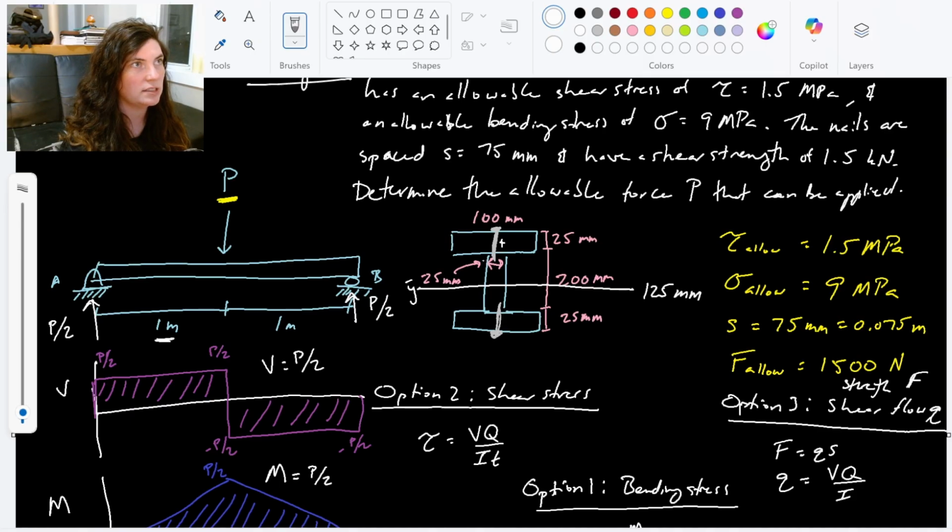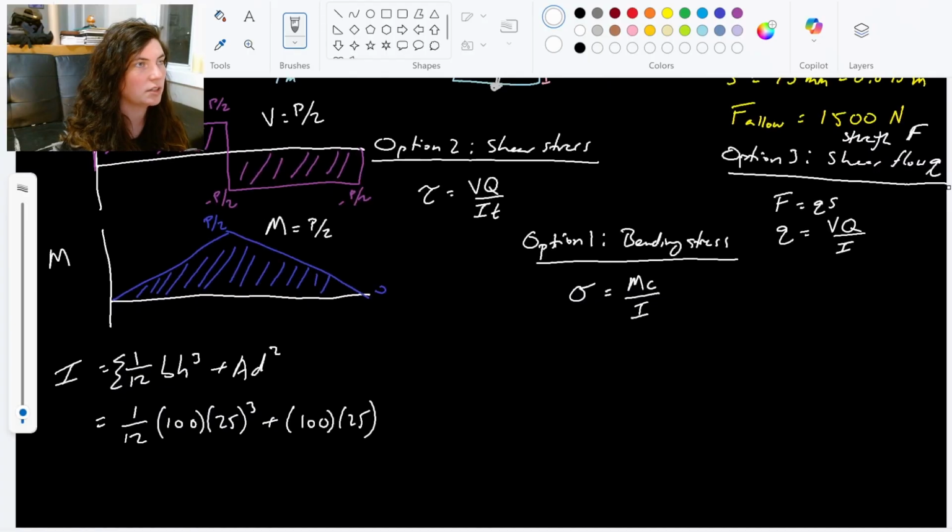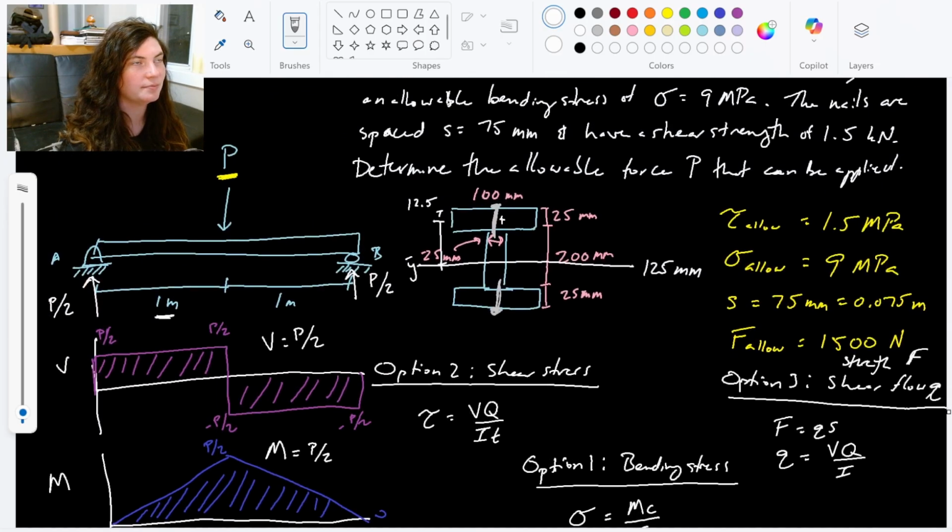So this distance here, let's see, the distance from the top would be 12.5. So 125 minus 12.5 is 112.5. 112.5 squared. And then there's 2 of those, right? So you take this rectangle times 2 for the top and the bottom.